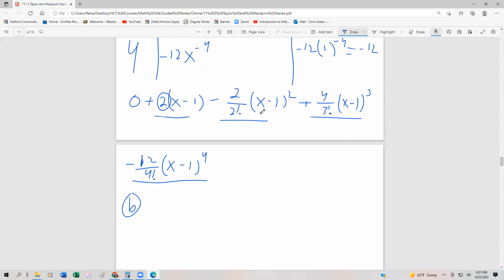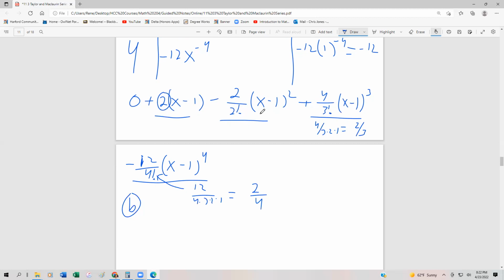Now we know that this guy right here, we can write as 12 over 4 times 3 times 2 times 1, or in other words, that's going to be 2 over 4 if we wanted to simplify that, or a half if we really wanted to. Over here, we could write this as 4 over 3 times 2 times 1, which would be 2 over 3.